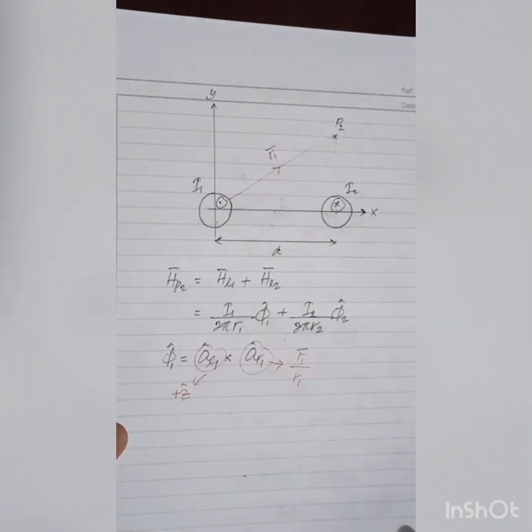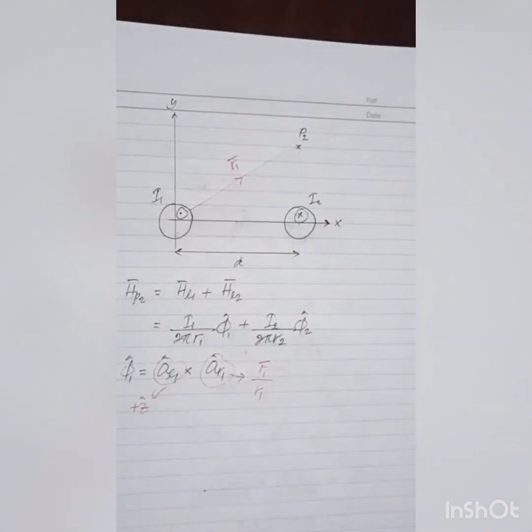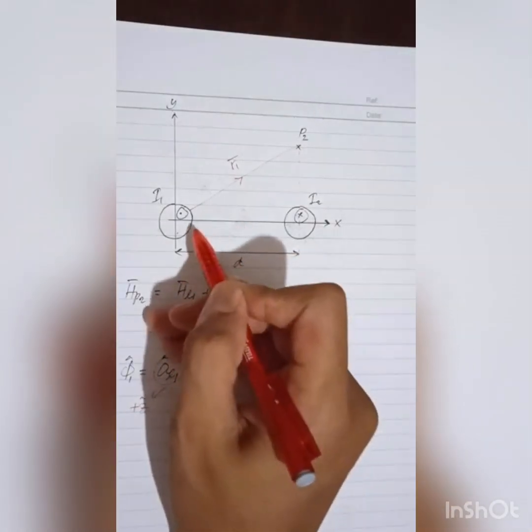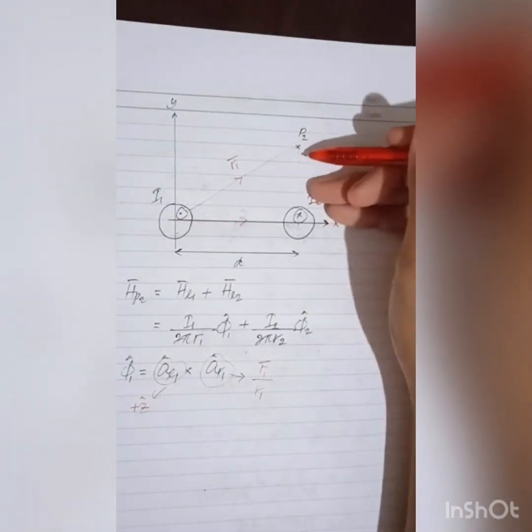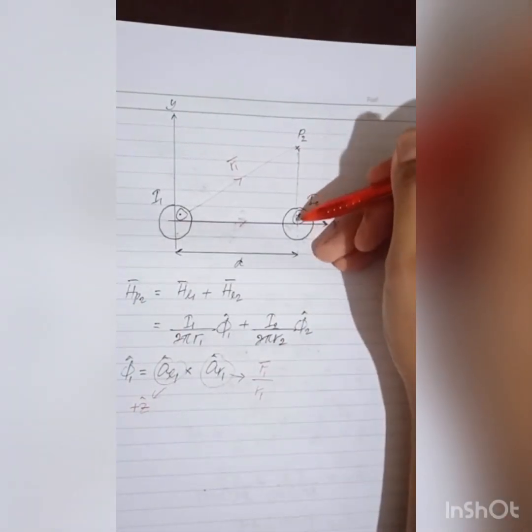If you look closely at the diagram, the vector R1 can be obtained by the summation of two vectors, one from here and then the other one over here.